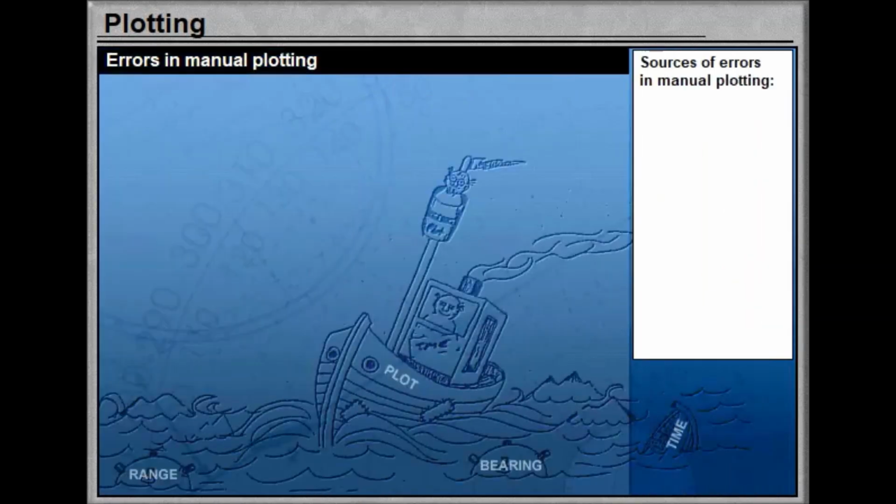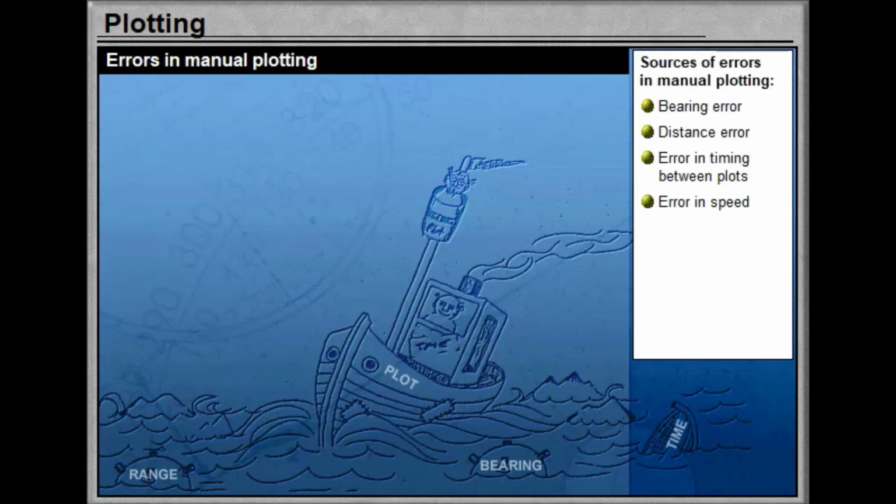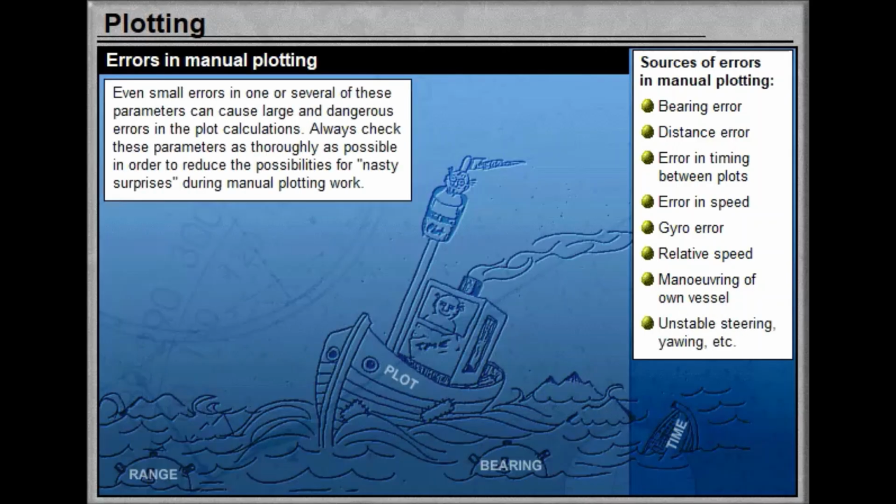There are many possible sources of error in manual plotting. Here are the most important ones: bearing error, distance error, error in timing between plots, error in speed, gyro error, relative speed, manoeuvring of own vessel, unstable steering, yawing, etc. Even small errors in one or several of these parameters can cause large and dangerous errors in the plot calculations.